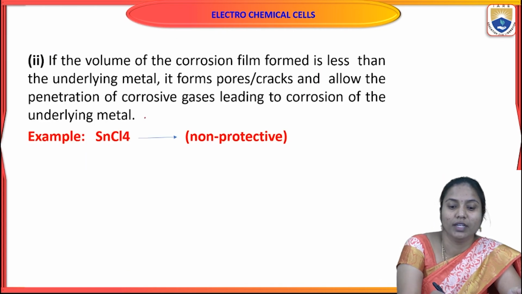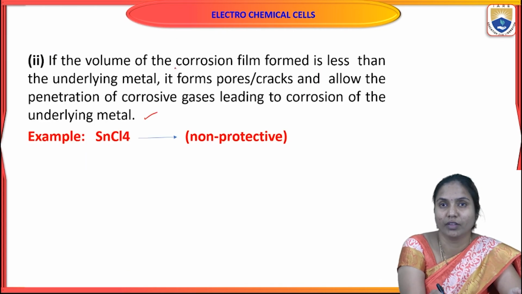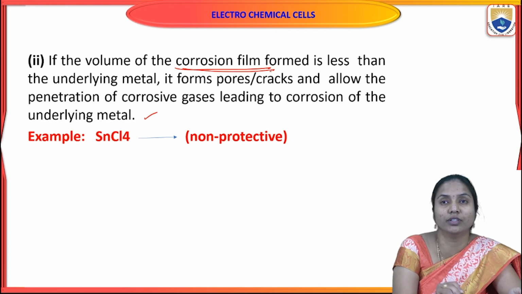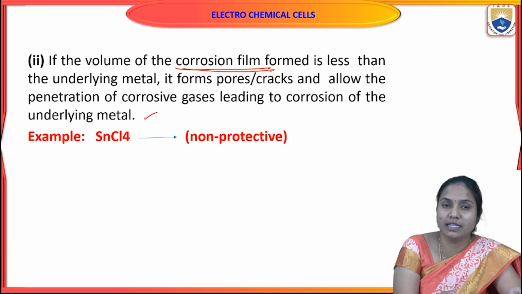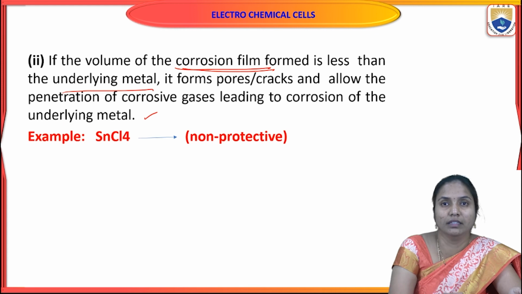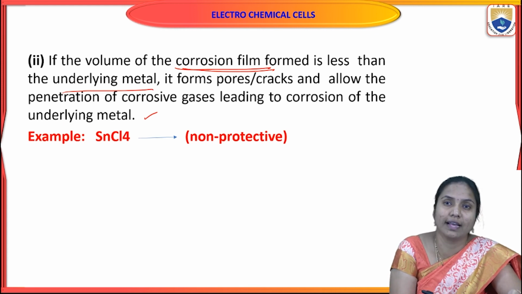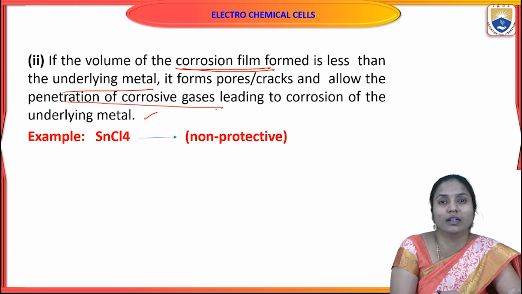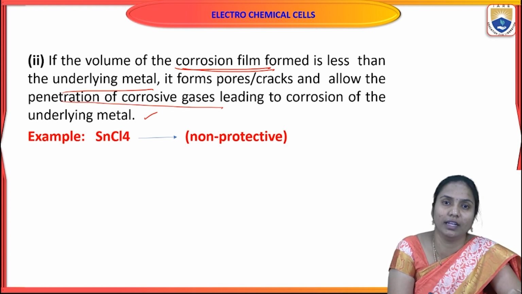Now if the volume of the corrosion film formed on the metal surface is less than the underlying metal, it forms pores or cracks and allows the penetration of corrosive gases. This leads to corrosion of the underlying metal.